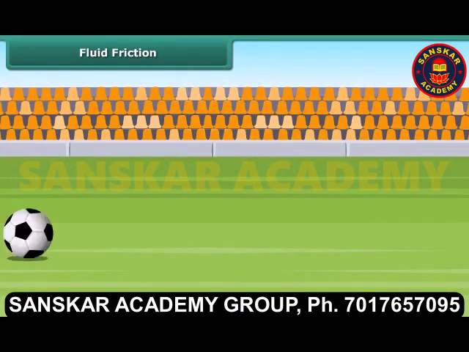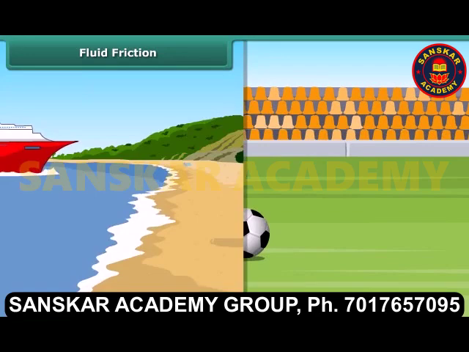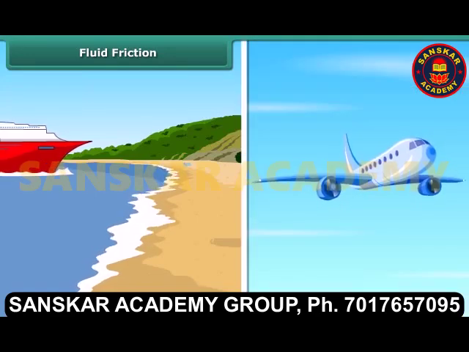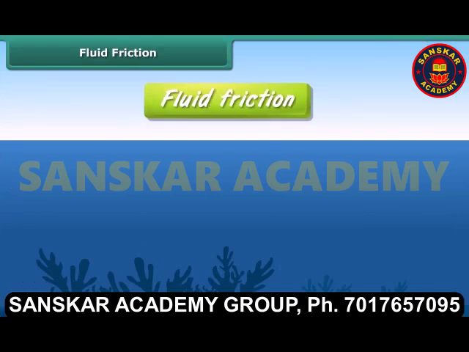It is not only the ground which offers force of friction on a body moving along its surface, even water and air exert frictional force. In science, the common name of gases and liquids is fluids. Let us look at some examples of fluid friction.